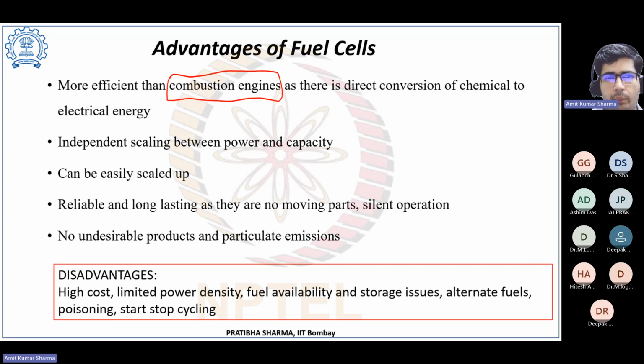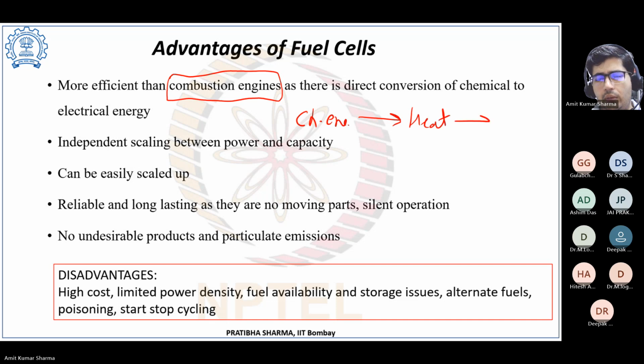So the route for the combustion engine is chemical energy, then it will be converted into heat energy, then this heat energy will be converted into mechanical work. This mechanical work can directly rotate a shaft, be used directly for vehicle applications, or rotate a dynamo and generate electricity.